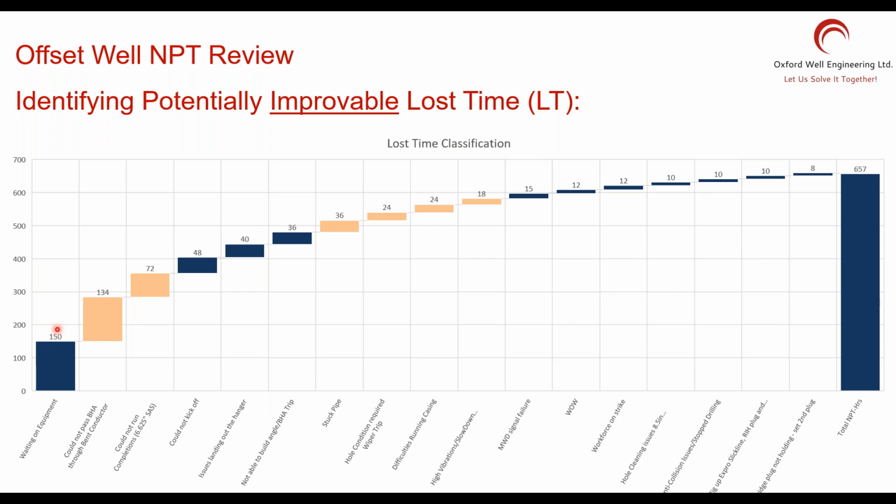So you can put all your failures. Total number of hours of failures is 657. Total NPT hours. Then you can color code them to see which one you can fix or you think you can fix. For example, I cannot fix waiting on equipment because there was some problem in logistics.